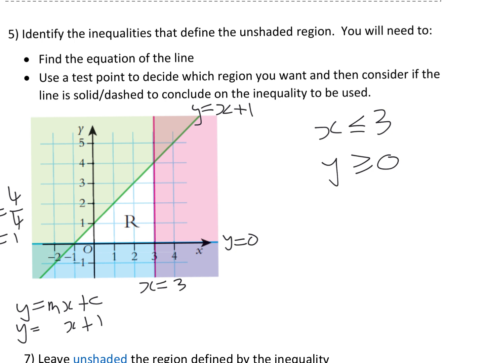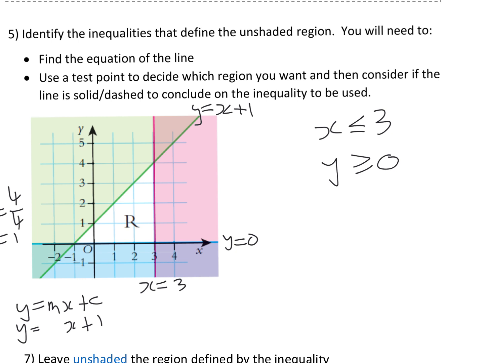And then the last one, the harder one, we've got this region is below this line here. So that line is y equals x plus 1. We're going to use a test point. If we just read this bit here, use a test point to decide which region you want, and then consider if the line is solid or dashed to conclude on the inequality to be used.